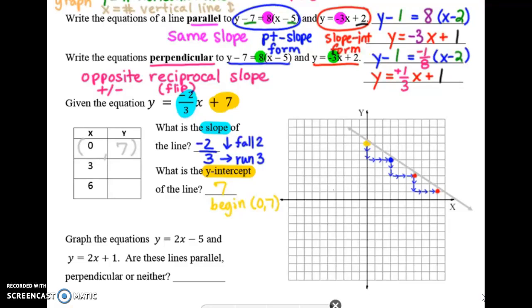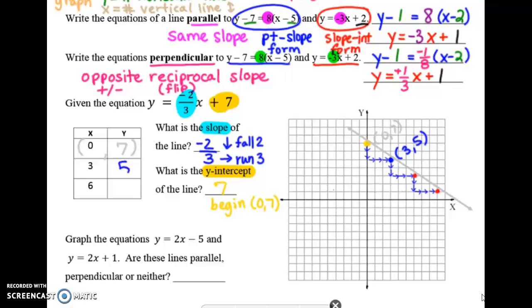Then I have to locate 3. Where's 3? 3 is my blue point for x. So how many up is that on the y? It's positive. You got it. Positive 5.